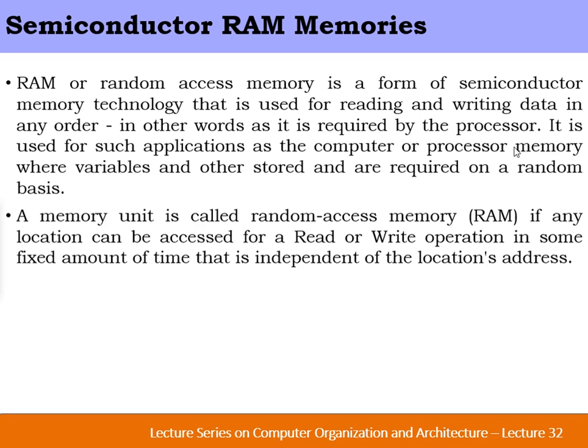A memory unit called random access memory can be used to store or retrieve information, that is, we can perform a read or write operation. The read and write operation can be performed in a fixed amount of time that is independent of the memory address, independent of the location address.